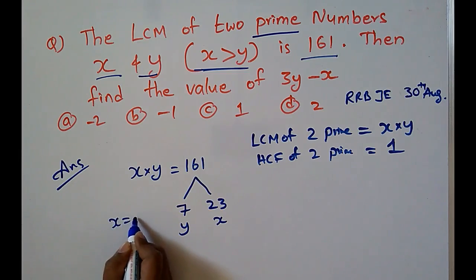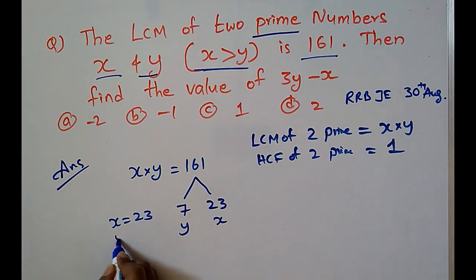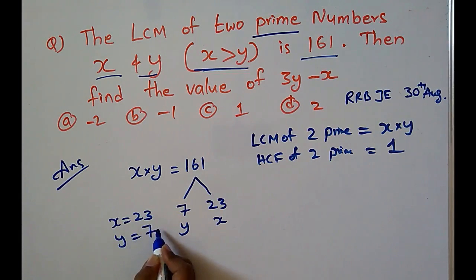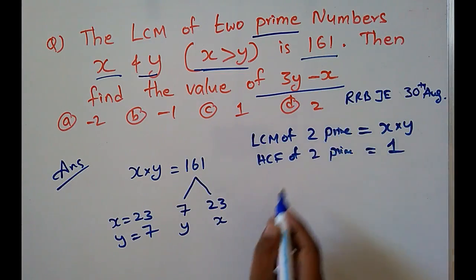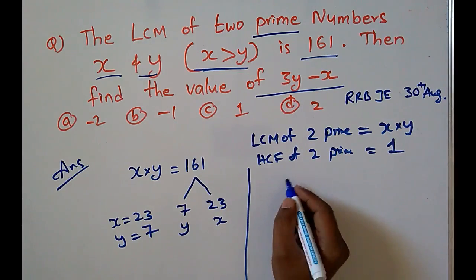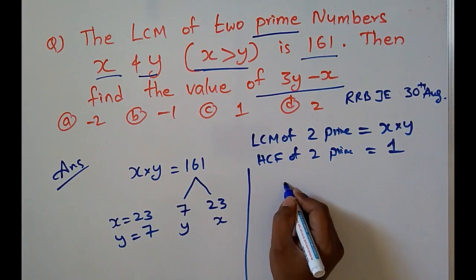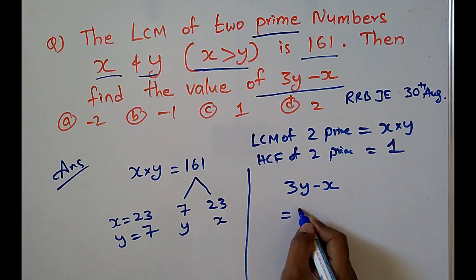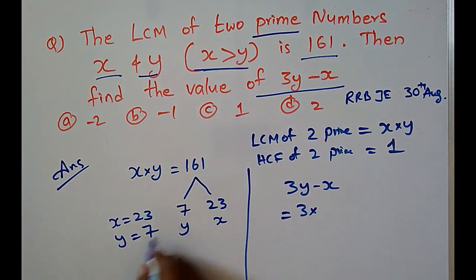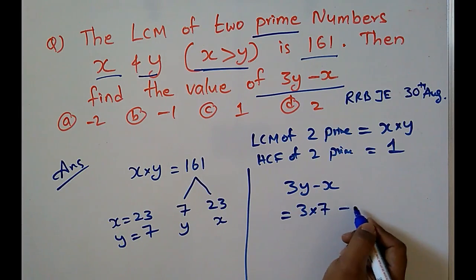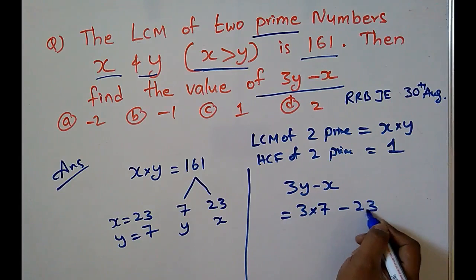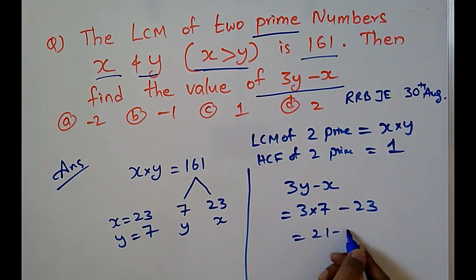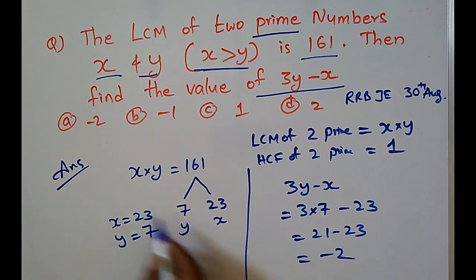So here x is 23, y is 7. What we have to find? 3y minus x. 3y minus x is given by 3 into y, which is 7, minus 23. That is 21 minus 23, which is minus 2. So A is the answer.